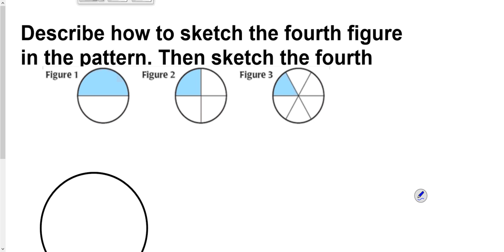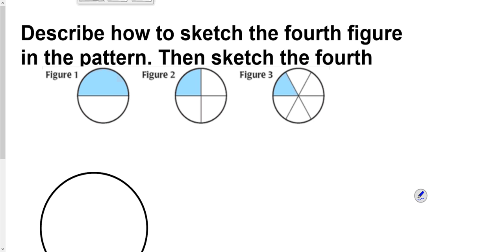Then if we look at figure 2, it's divided into 4s, and the upper left quadrant is shaded. Then if we look at figure 3, it's divided into 6 pieces, and the upper left is shaded. Then we can look at those patterns and decide what this fourth figure needs to look like.